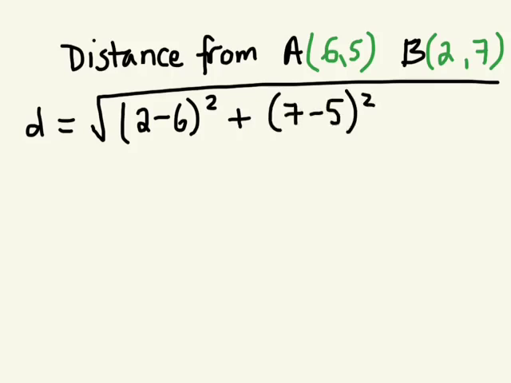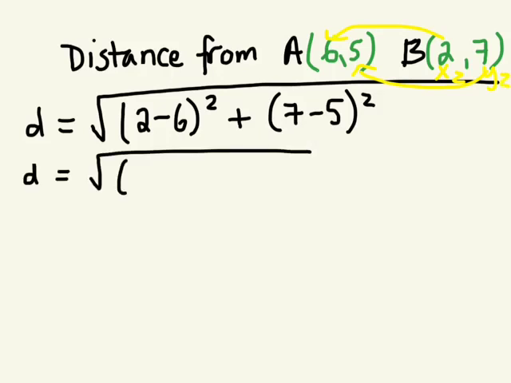Now you have to be careful when you're writing this. If I'm calling this x2, so I'm doing 2 take away 6, I have to do 7 take away 5. It's got to be x2 take away x1 and y2 take away y1. Negative 4 squared plus 7 take away 5, 2 squared.